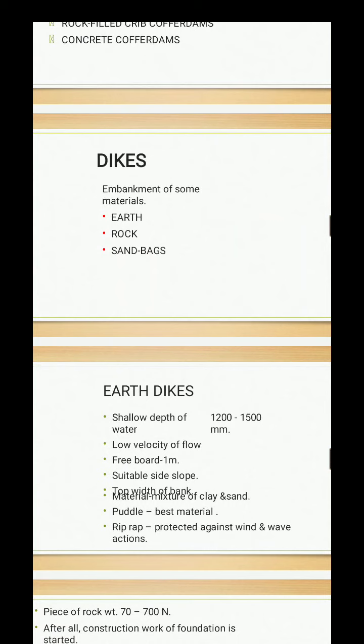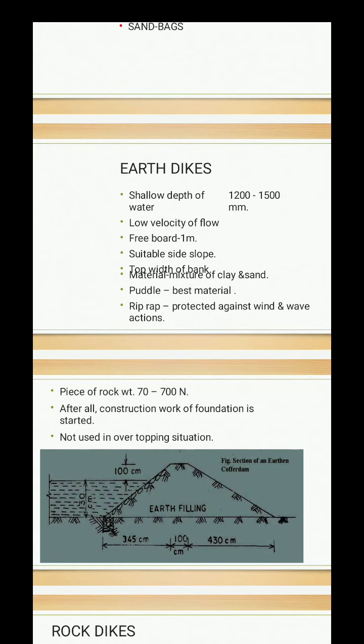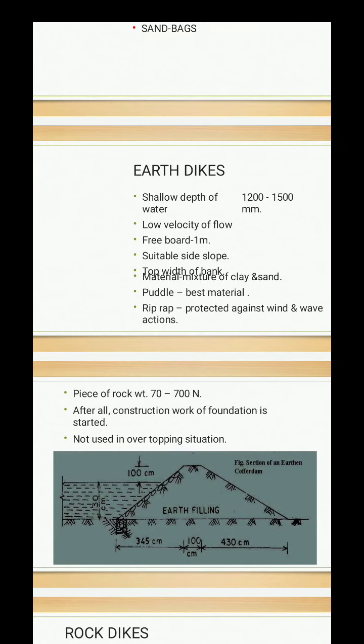The earth embankment should be built from a mixture of clay and sand or clay and gravel. This is the figure of an earthfill cofferdam. If the required quantity of clay is not easily obtainable, the banks may be constructed with a central clay wall and slopes of sand on either side.